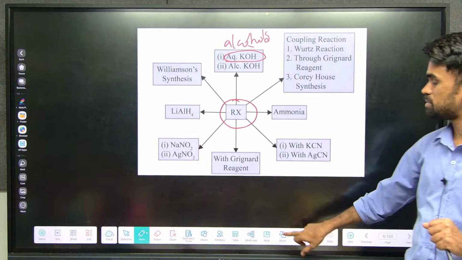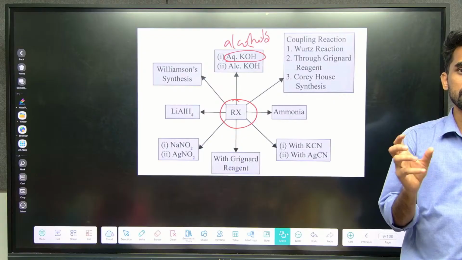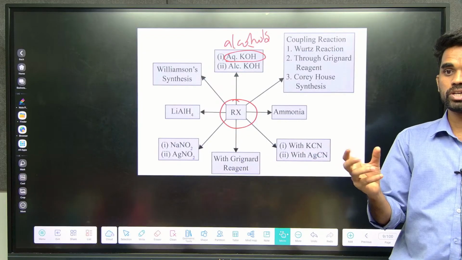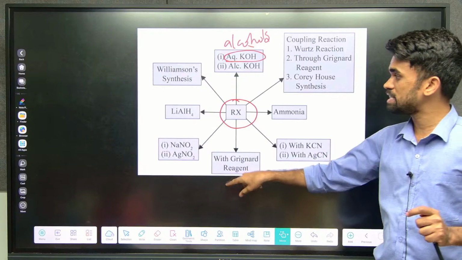See, one more mechanism is there. Now whatever you have studied till now is about substitution. Which substitution? Nucleophilic substitution. Next one is elimination reactions.